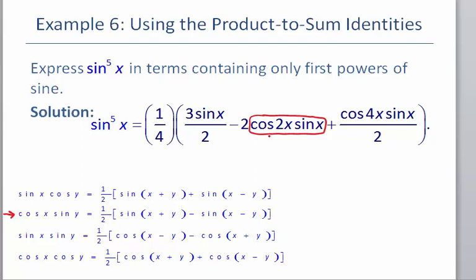When I compare what I have in my problem to my formula, I need to realize that the x in the formula is now going to be played by 2x, and the y in the formula is going to be played by an x. So everywhere there is an x in my expression, I'm going to put the 2x, and everywhere there's a y in my expression, I'm going to put the x.